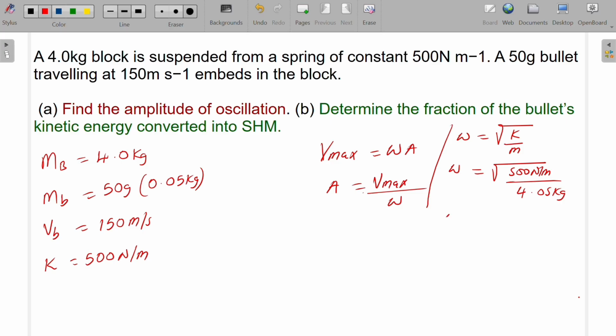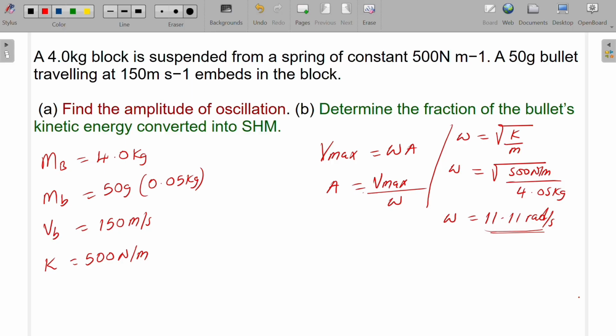So when we punch our calculators, let's see what we are getting. All right, so we're getting 11.111. It goes like that, so we can leave it as 11.11. So this is in the unit of radians per second. So this is our angular frequency.